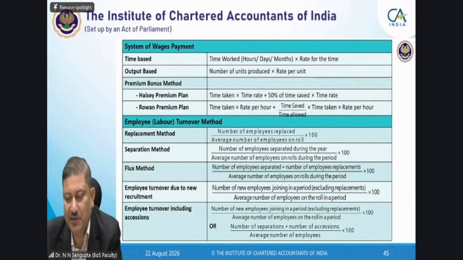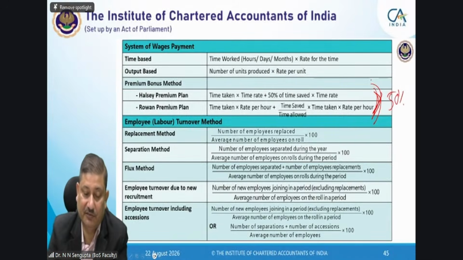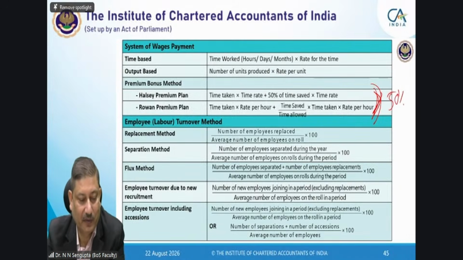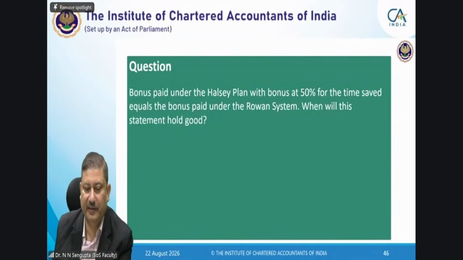And in case of 50%, the bonus calculation under both systems will be equal. Employee turnover: replacement method, separation, flux, all these methods you need to know and need to calculate. So practice some numericals from there.